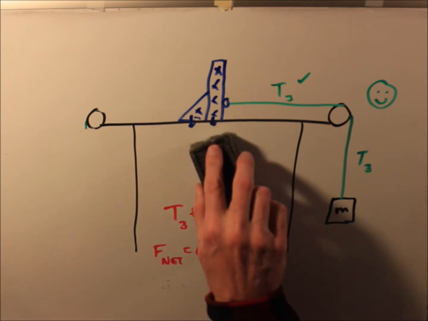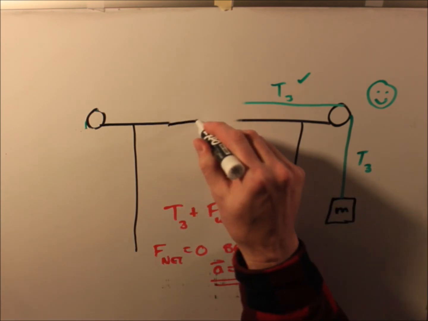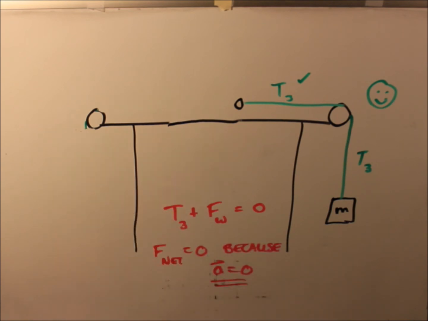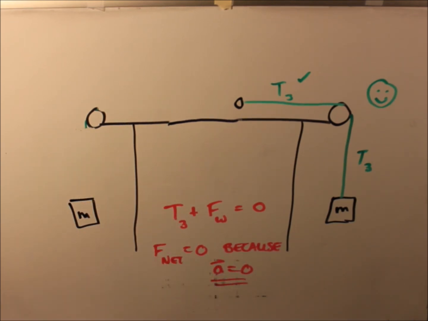Now we're going to return to the initial question we had in front of us. Let's repair the damage here. We'll put a ring here, and now we're going to put our mass back.